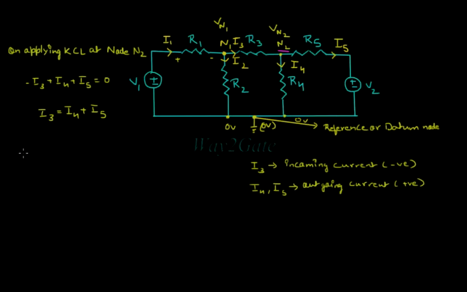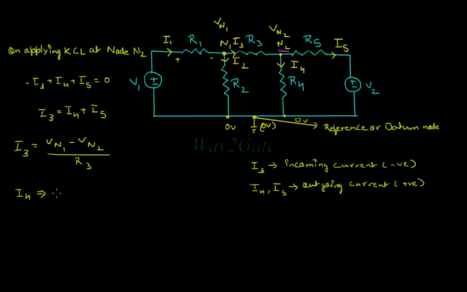As discussed before, I3 is equal to Vn1 minus Vn2 divided by R3. Similar to I2, we can calculate I4, that is current due to the potential difference between node Vn2 and ground.